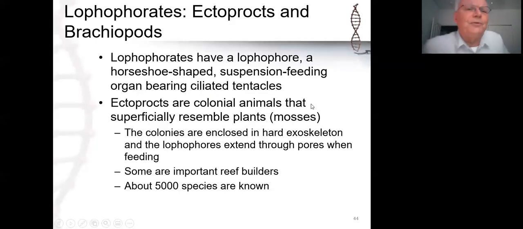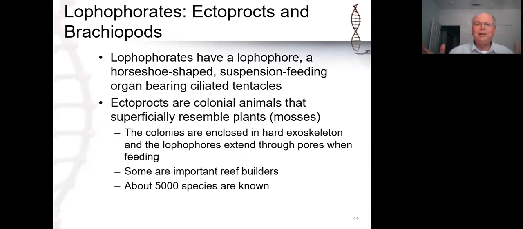Then we have the 2 lophophorate clades, the ectoprocts and the brachiopods. Now, the ectoprocts used to be called bryozoans, which translates as moss animals, because when you see them growing, they form a layer of material because they excrete hard material, rocky material, to form an exoskeleton.